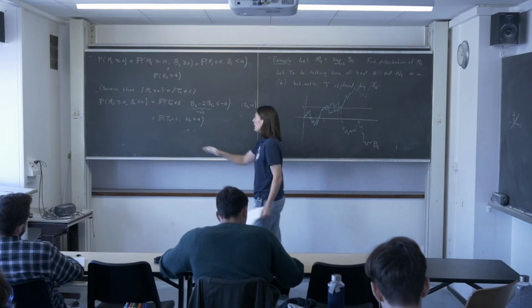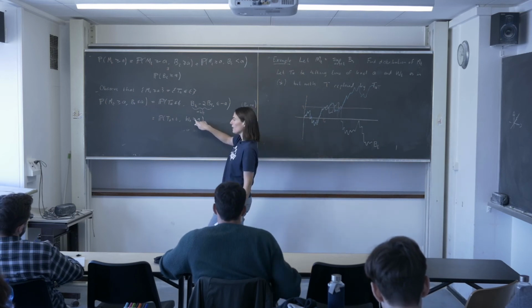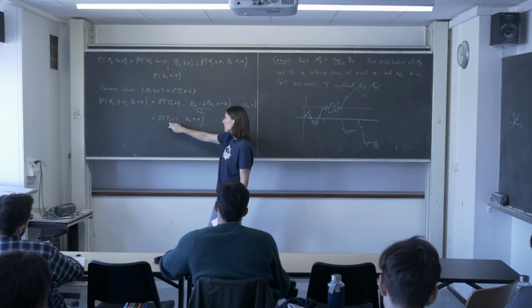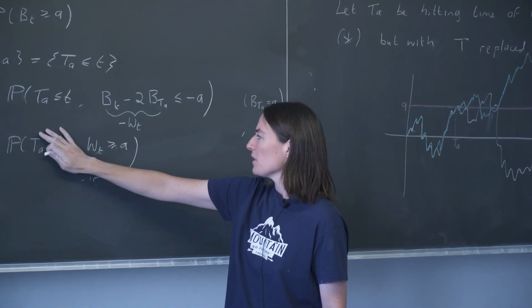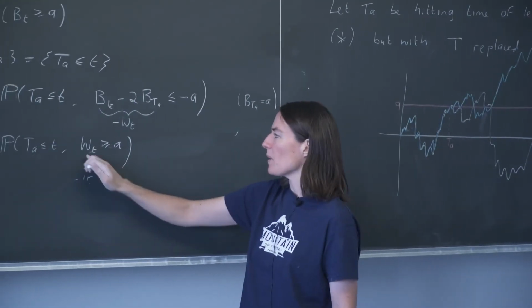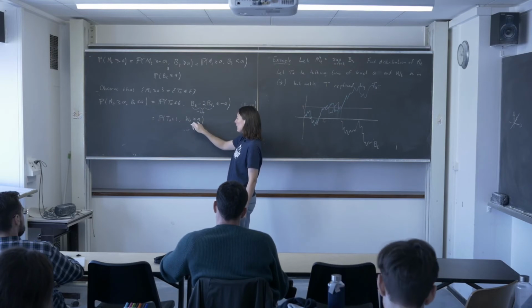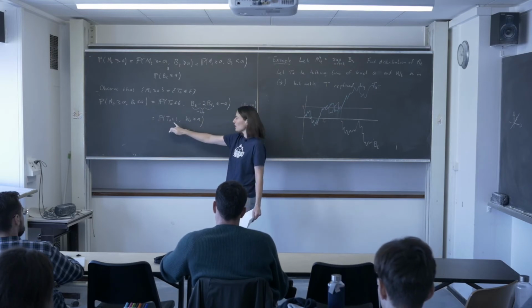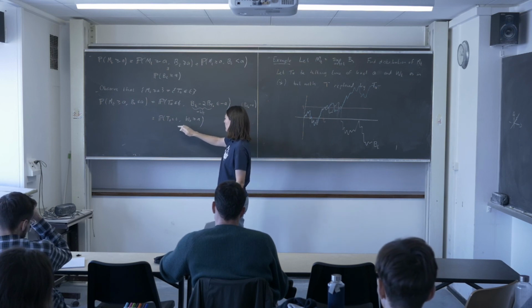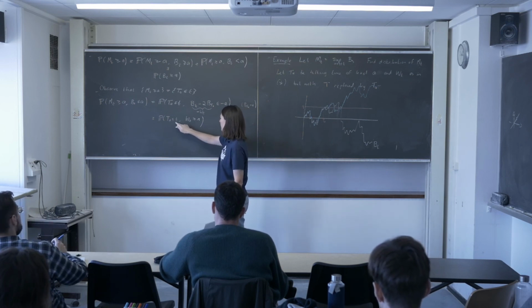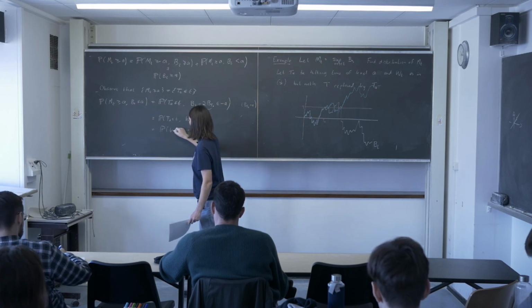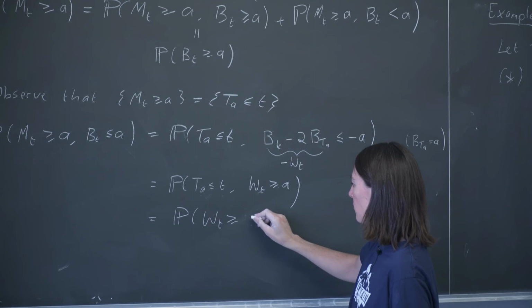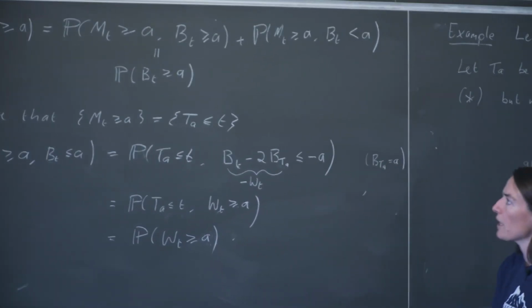But if I know that my process W is bigger than a, then I know that T_a must have happened already. Either it hasn't happened, in which case my W agrees with my B, but then my B is bigger than a, which means it must have happened. So that can't be the case. So it must have happened, and I can just remove that condition completely. And so this is equal to the probability that W_t is greater than or equal to a.